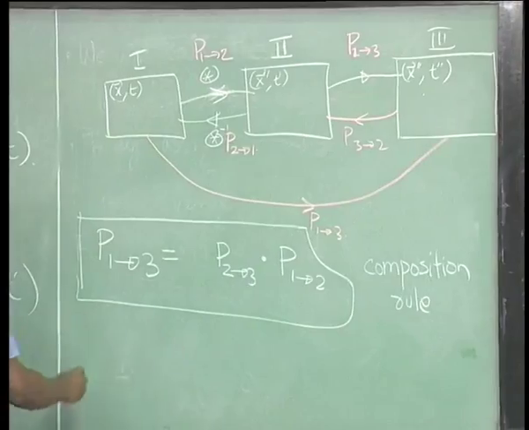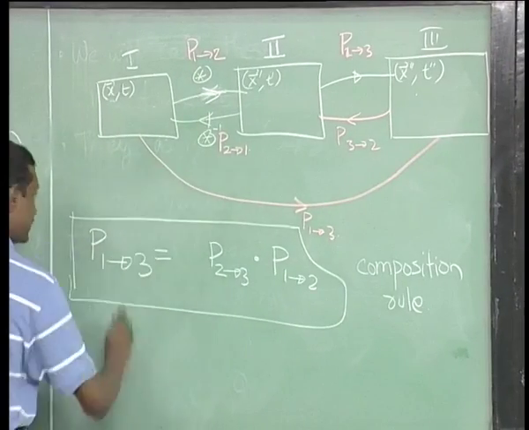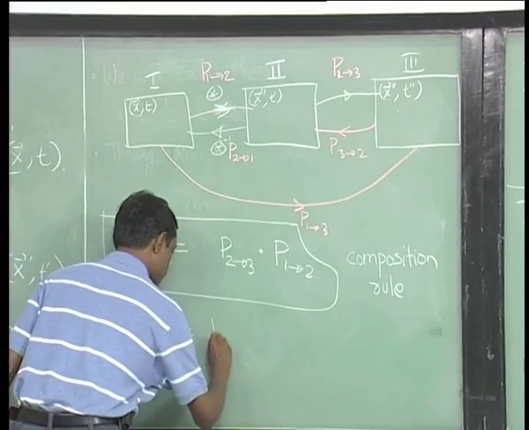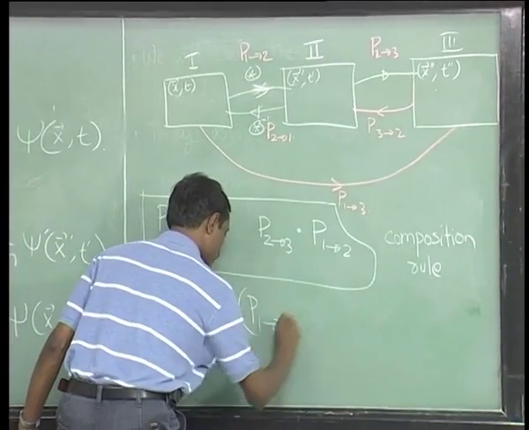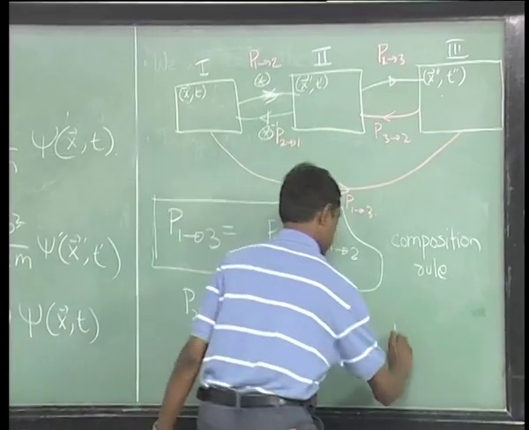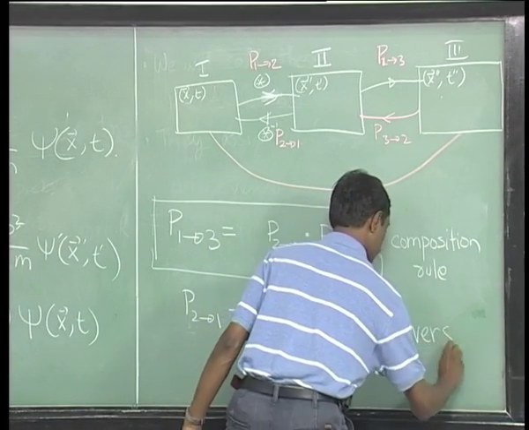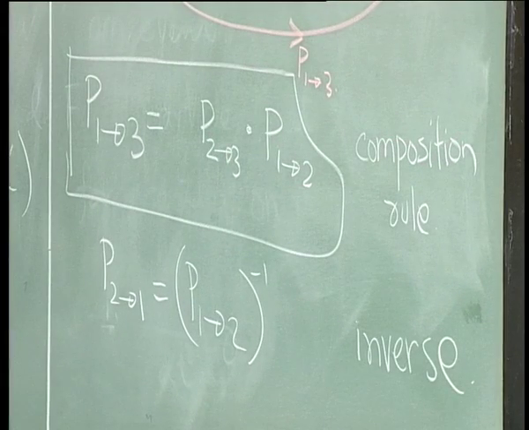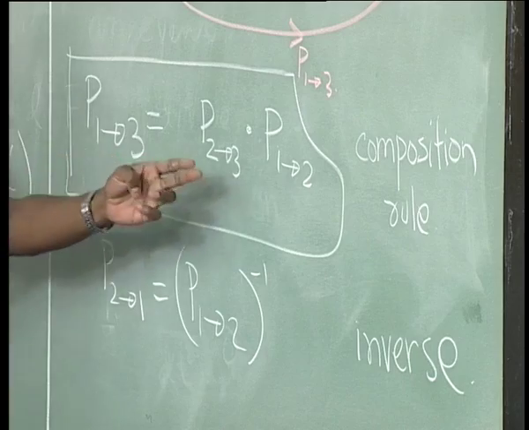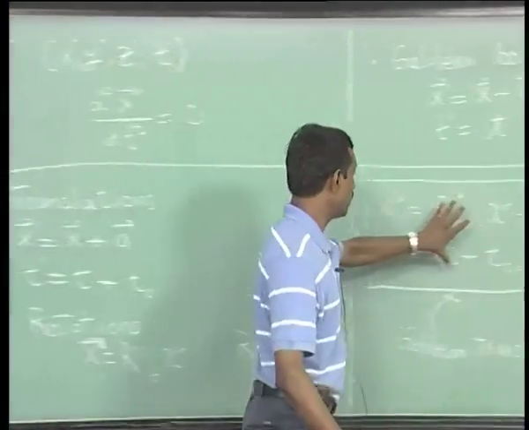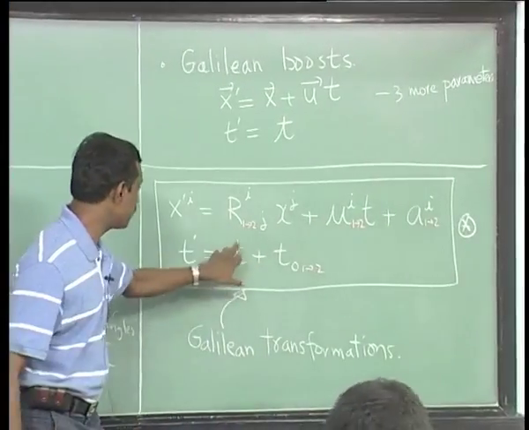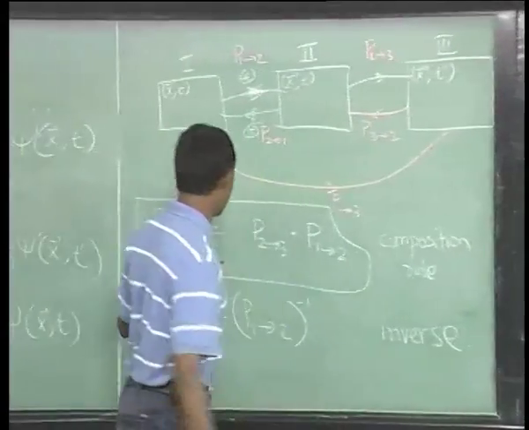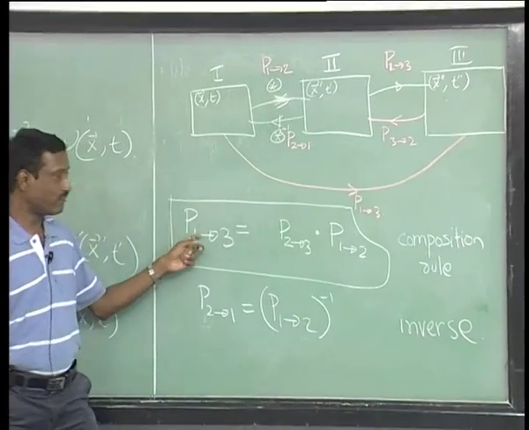Okay. And there is also the other thing which I just mentioned, P 2 to 1 should be equal to the inverse of P 1 to 2. So, you can go back to the equation star and keep putting these 1 to 2 labels and 2 to 3, and you can work out how the parameters get labeled.